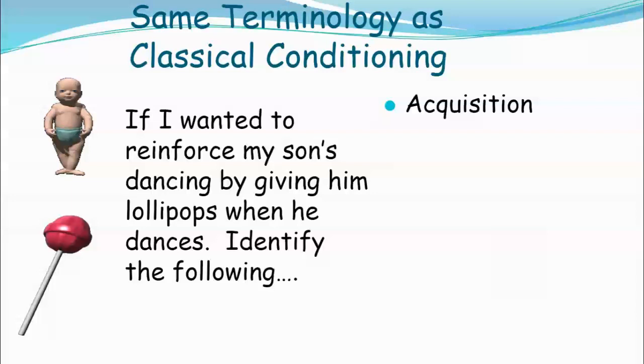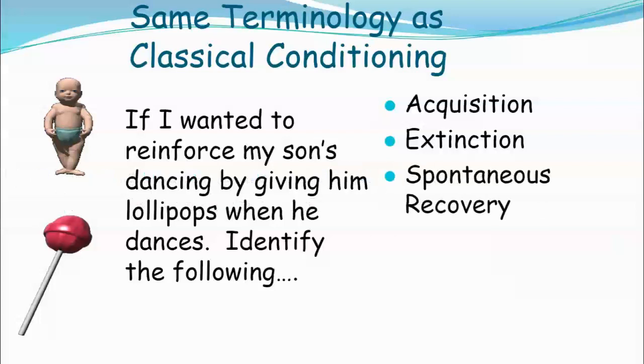That if this happens, then this happens. So we have to show my son that if he dances, he gets a lollipop, and making that connection for him is acquisition. Extinction is, well, we stop giving him the lollipop, and eventually he's going to stop dancing. Spontaneous recovery, though, we start giving him the lollipop again, and he will begin to dance once again.